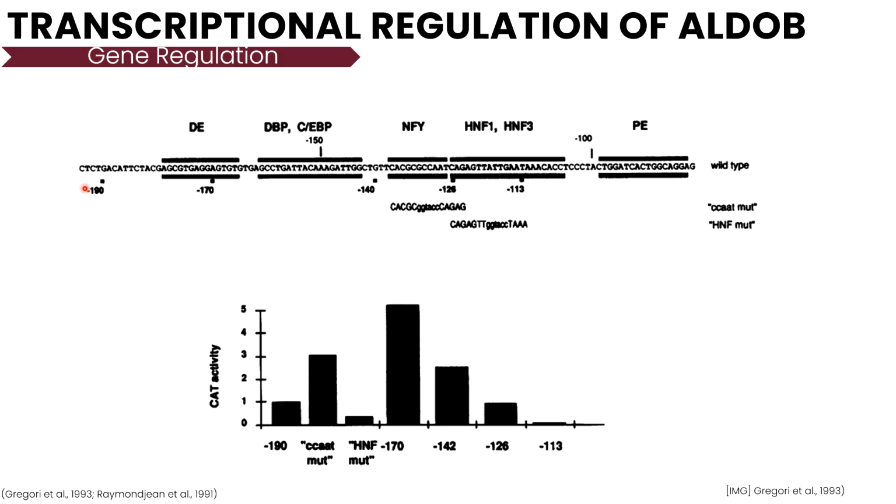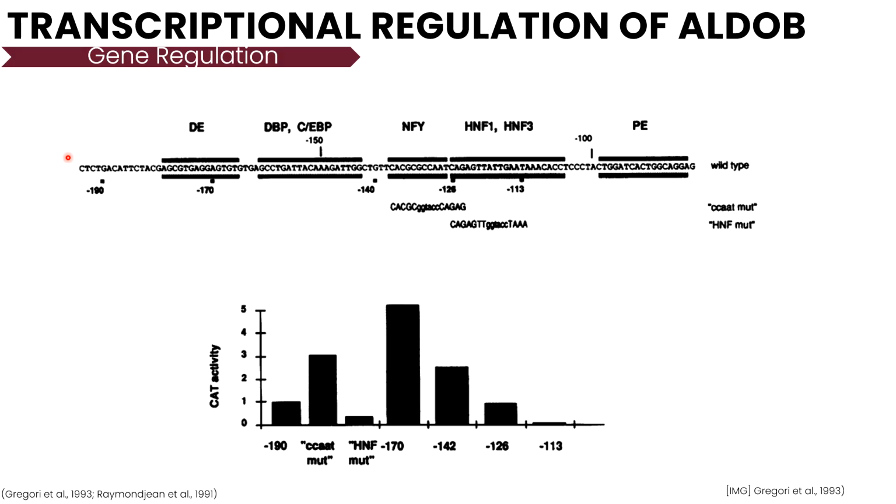So, up here we have our DNA sequence. This figure is derived from Gregory and his colleagues' research. So this is going to help allow us to connect all of those dots from Raymond Jean and Gregory's research.